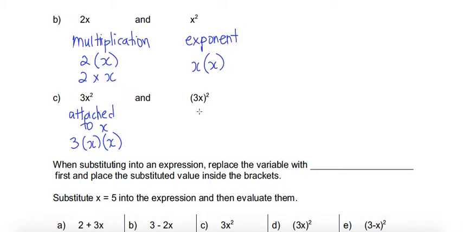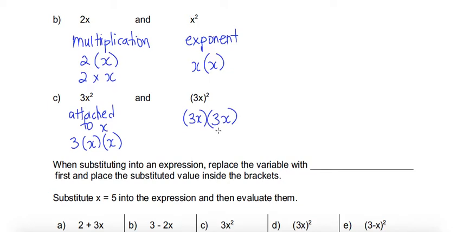In the second term, because our 3x is inside of a bracket, the squared symbol is attached to the entire term. So this would mean that we would take our 3x and we would multiply it by another 3x. So it's 3x squared, or 3x times 3x.